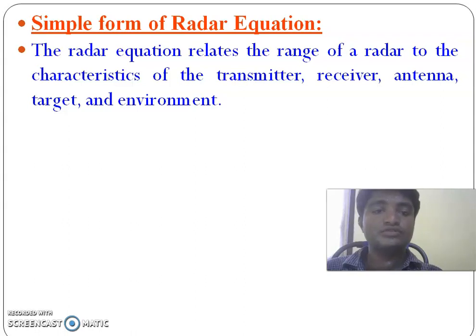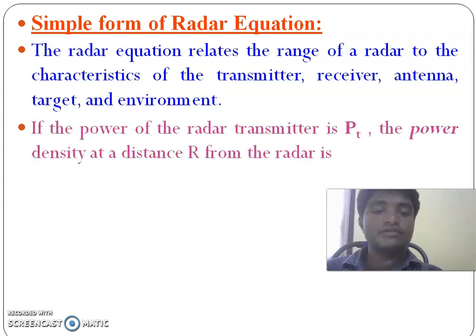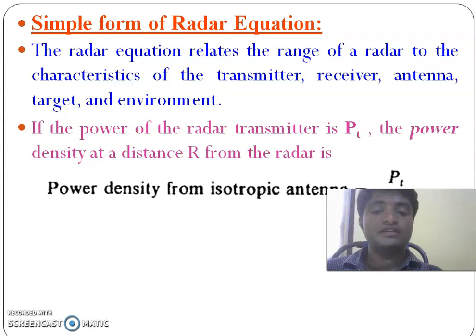Suppose I am assuming the transmitter power is PT, and the power density is obtained by power density equal to power by surface area. Therefore, the power density from an isotropic antenna is Pt by 4 pi r square, where Pt is transmitter power and 4 pi r square is the surface area.